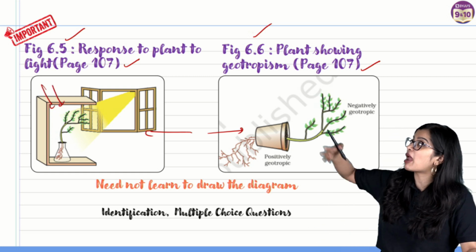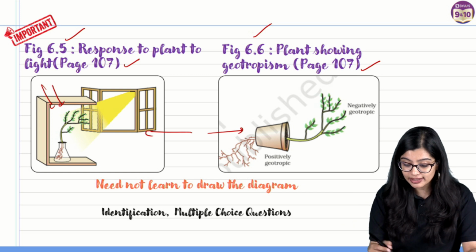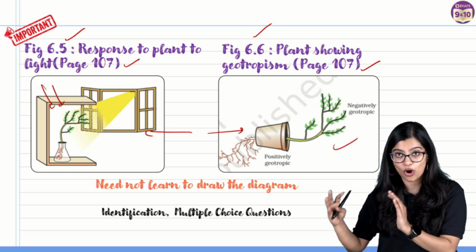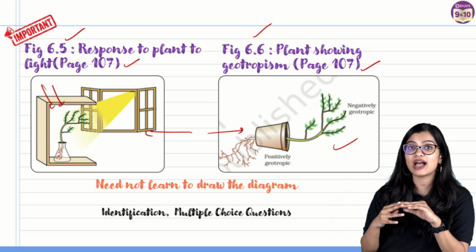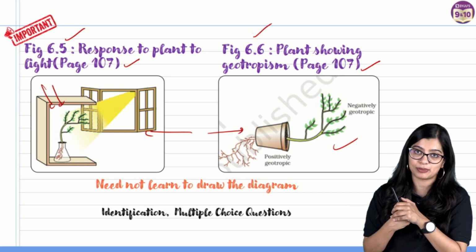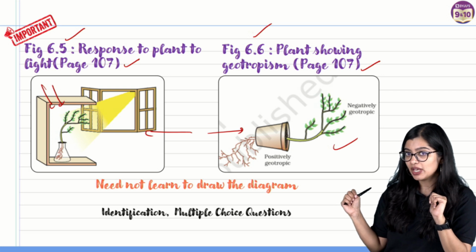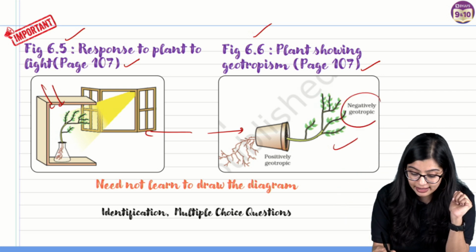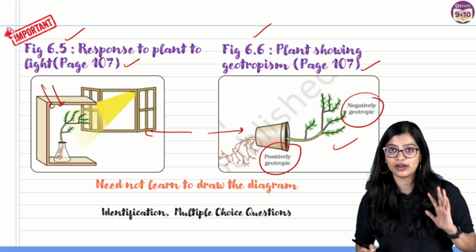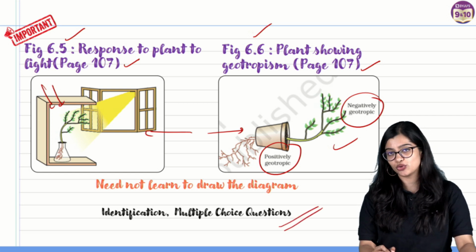They'll ask, why is the plant bending towards the light? Or in this case, they will give you 4 options where they will say, identify the correct diagram in which geotropism is taking place. So these are the potential questions you can get. So learning these, identifying the important labels, they are important, but not learning how to draw.